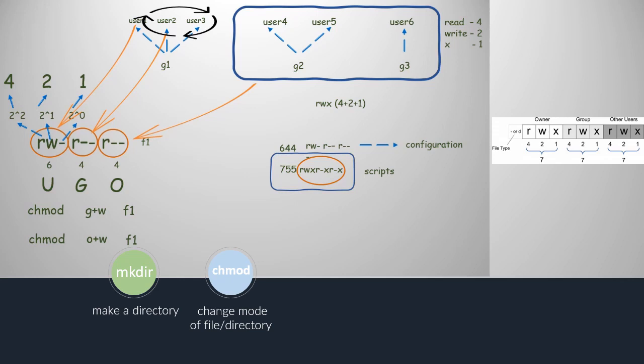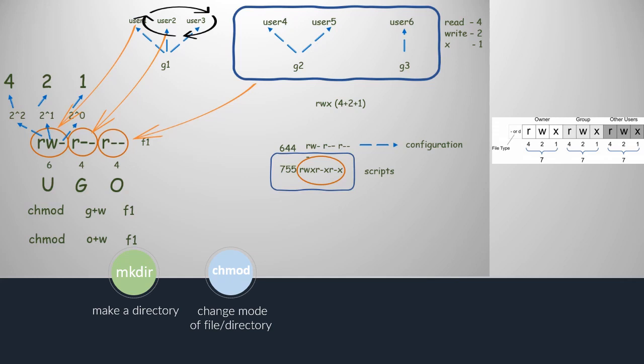That means the owner can read and write the file. Others can just read the file but cannot modify or write to it. And nobody, including the owner, has permission to execute. This is usually a configuration file, like a text file, so there will not be any script or program for execution. So nobody needs execute permissions on configuration files.